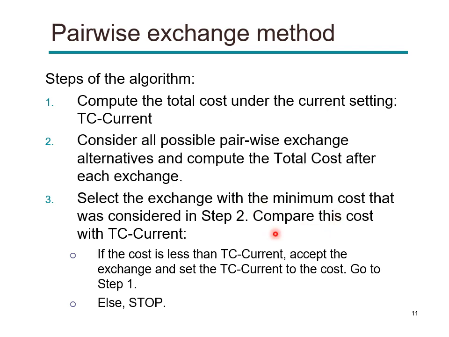Then we compare this minimum cost with the cost of the original layout. Then we have two cases. If this minimum cost of the alternative layouts that we identified in step 2 is less than the cost of our current layout, then we make the exchange, change our current cost to this minimum cost, and then go to step 1 to repeat the same things with the new layout.